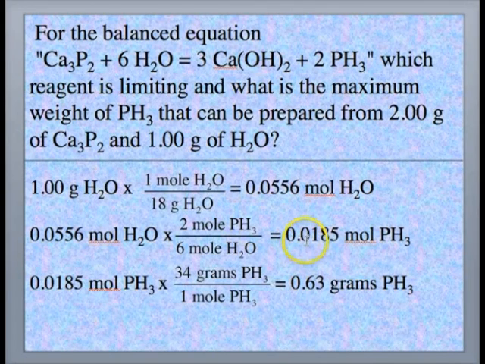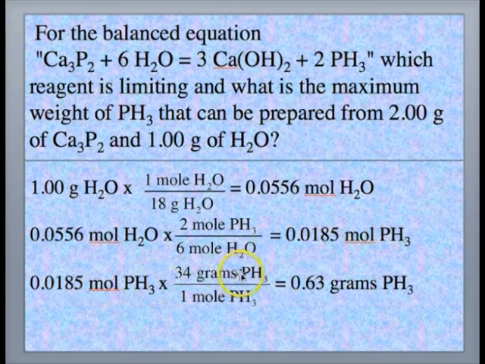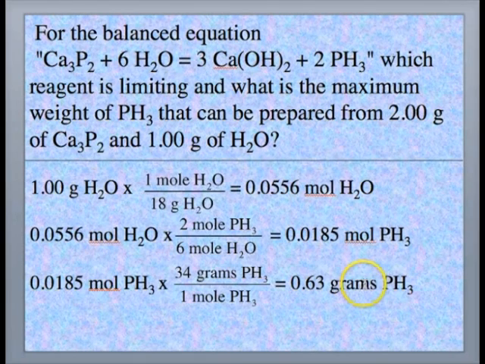So that gives us 0.0185 moles of phosphine. And converting that to grams, we multiply by the formula weight to get 0.63 grams of phosphine. And that is the maximum weight of phosphine that can be prepared, theoretically. So that's a new way and a shortcut way of calculating the limiting reagent.